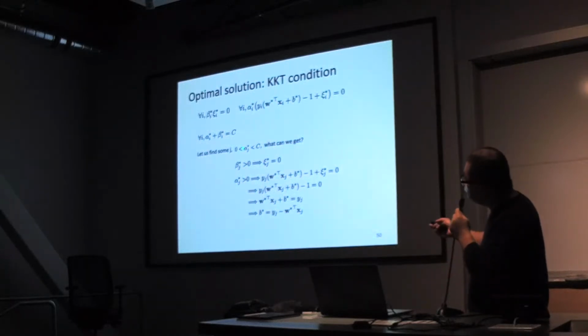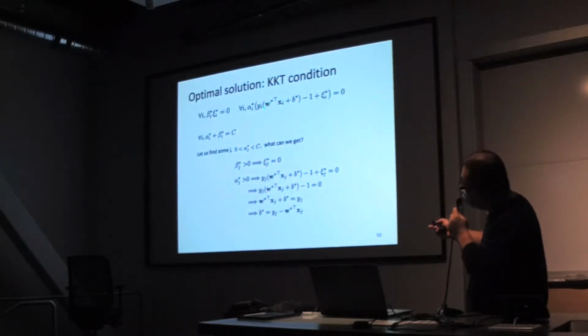And now, from the other side, alpha_j star is strictly bigger than 0. If you look at the complementary slackness regarding alpha_j star, look here. Because alpha_j star is strictly bigger than 0, to make this product 0, you must have this constraint function be 0.